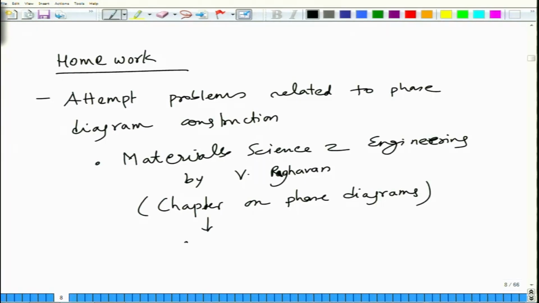So attempt those problems. This is something that you could find useful to construct a variety of phase diagrams.